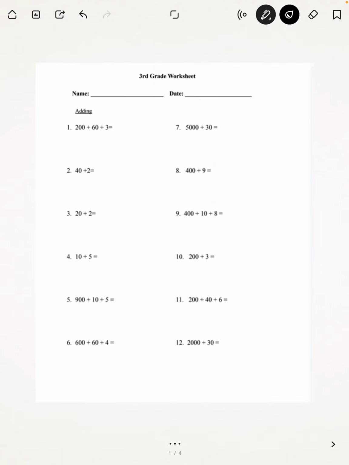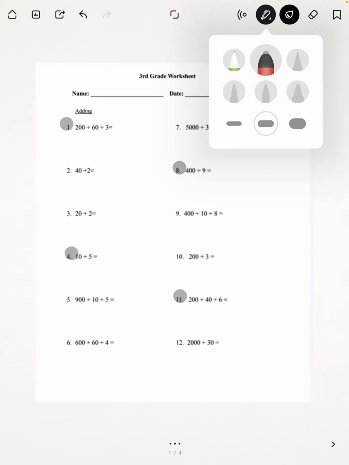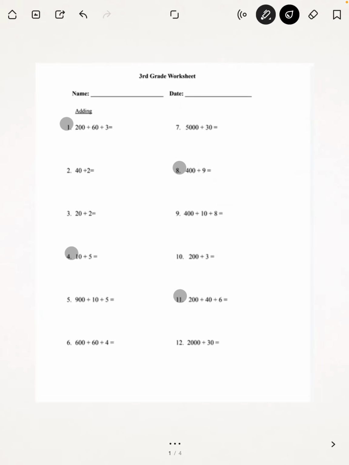Picture number 1, 4, 200 plus 60 plus 3. It's best to add the smaller numbers first and add it to the big one. That's the easiest way to do it, probably. So the two smaller numbers are 60 and 3.